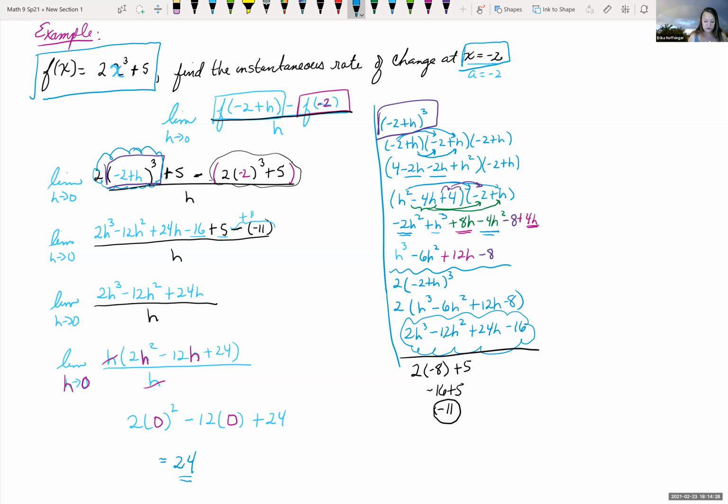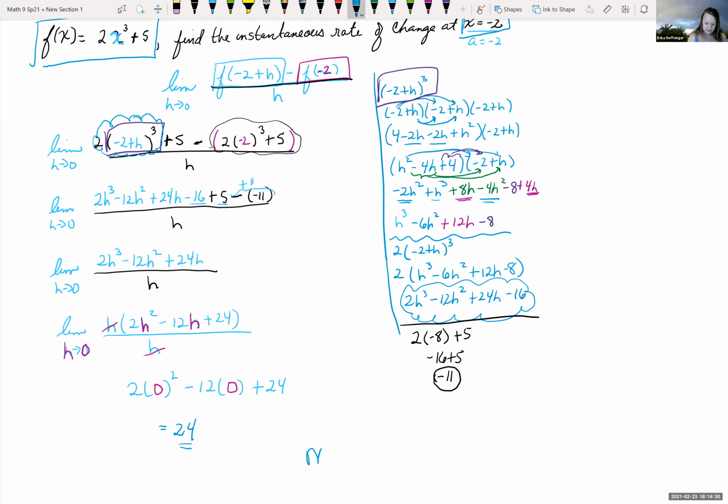So recall when your slope is positive, we know that our graph is increasing. So it's going up from left to right. So we know that our function is increasing at that point.